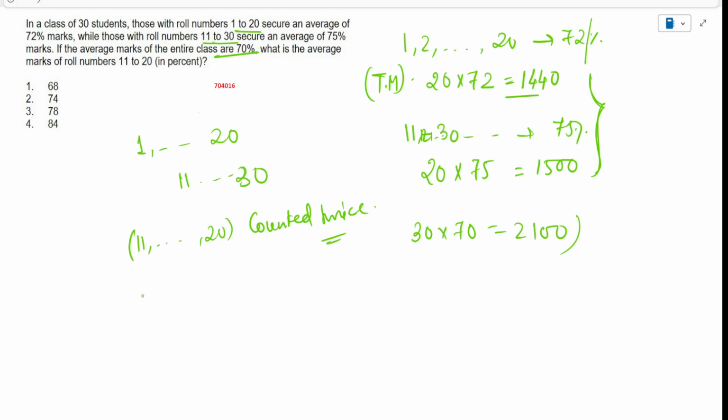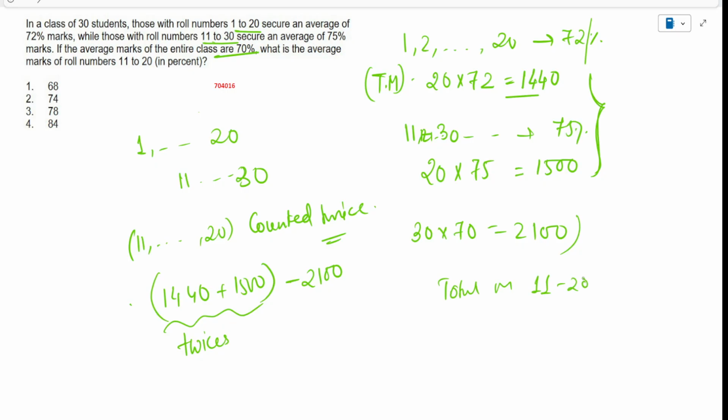Therefore, if we subtract, 1440 plus 1500 minus 2100, that will give you the complete total marks of this 11 to 20 roll number students, which is equal to what?